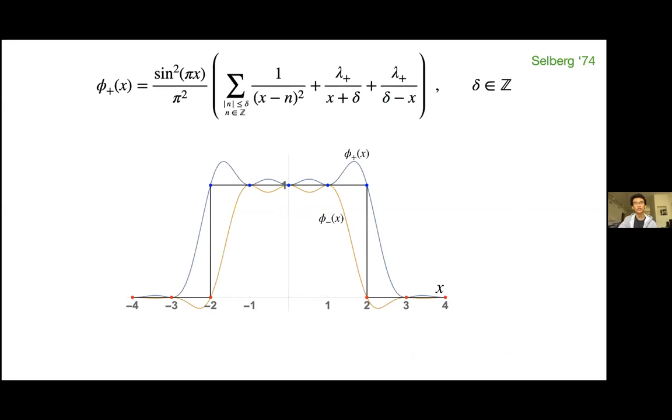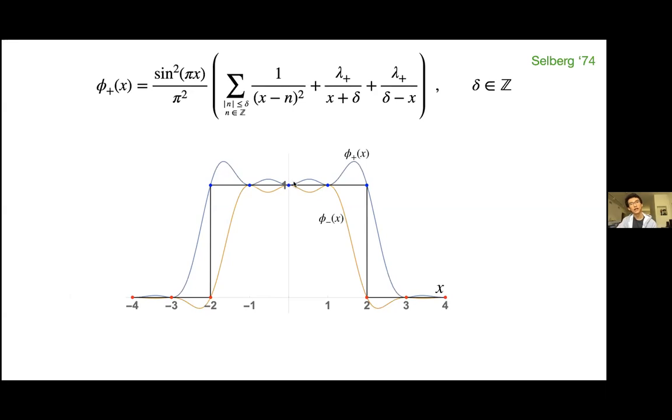Now let me just write down the answer, essentially. The answer is this, and let me explain this formula. For example, for phi plus, when delta itself is an integer: first of all, this prefactor, sine squared, is 0 at integer points, and so this takes care of all the zeros outside of the interval, which are second order zeros.